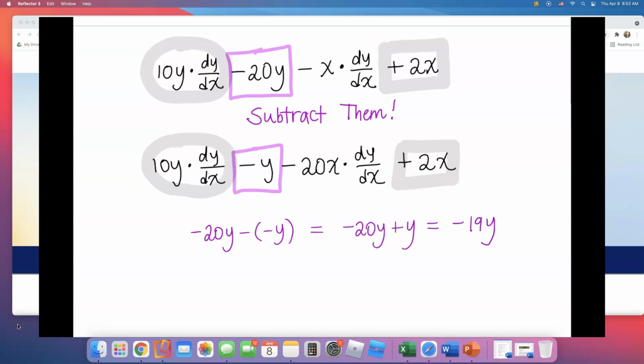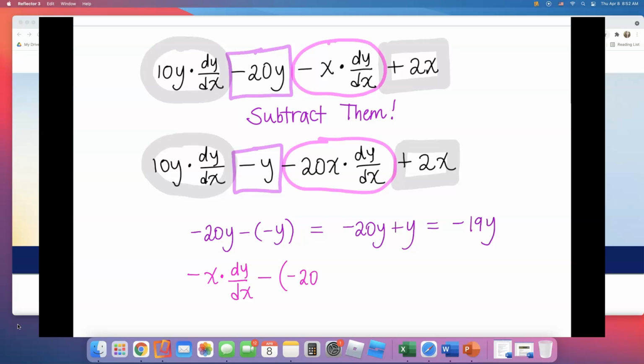Okay, moving on to the next term. This term right here and this term right there are like terms. You see that, right? So if I do negative x times dy dx minus negative 20x times dy dx, you notice that subtracting negative will turn into positive, right?